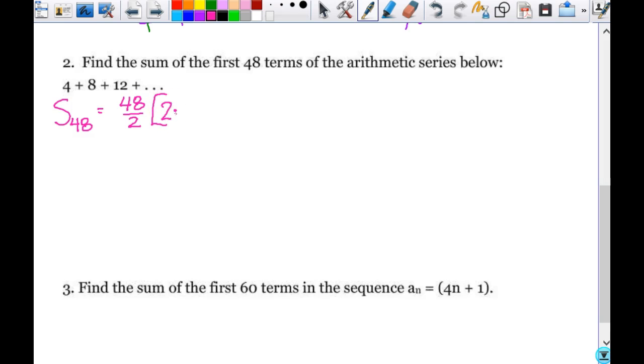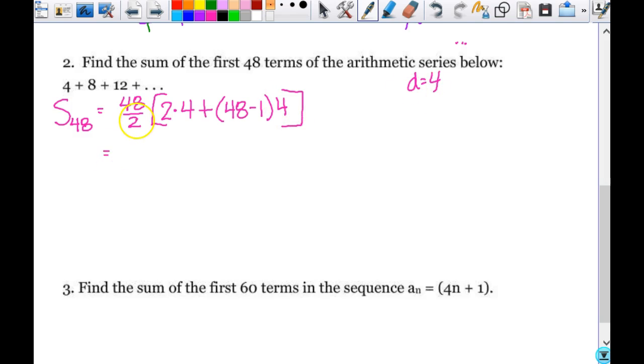What's the first term? 4, right? Plus n, which is 48, minus 1 times d. What's d? 4. D equals 4.